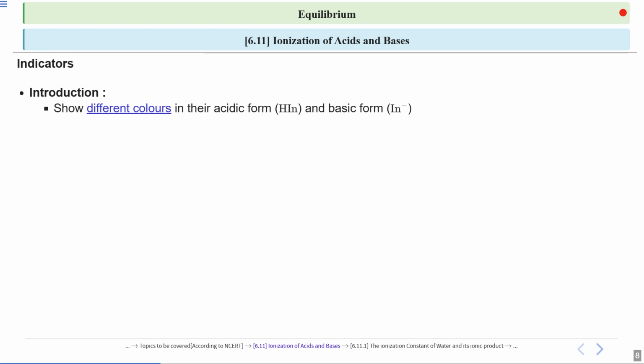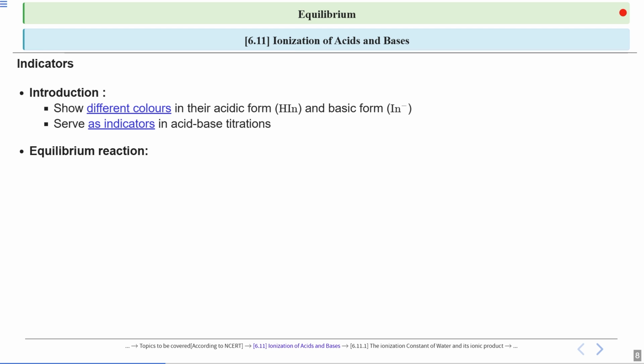So how do we understand this? Let us take an example. Before moving to that, you should remember that these types of indicators are mostly used in acid-base titrations. Now let us look at an example. We have an indicator, and we are representing the acidic form of that indicator with HIn and the basic form with In minus.